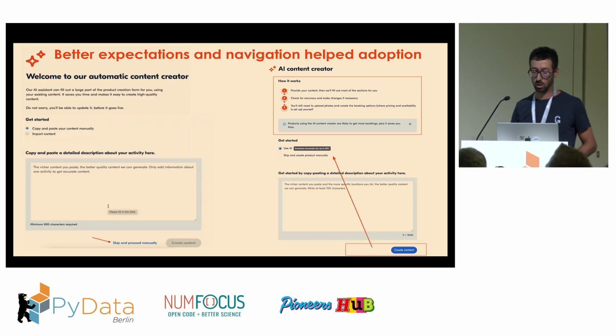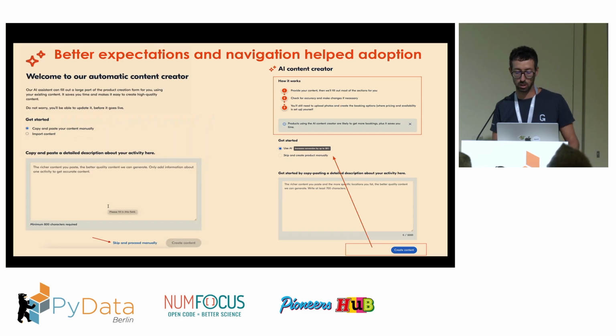We launched a new screen with clear step-by-step expectations of what the supplier will be able to do with the AI tool and what the supplier cannot do with it, which was also important. And we also added the clear metric uplift in conversion rate of up to 28%, which we saw in the previous experiment, to convince our suppliers to use the tool.